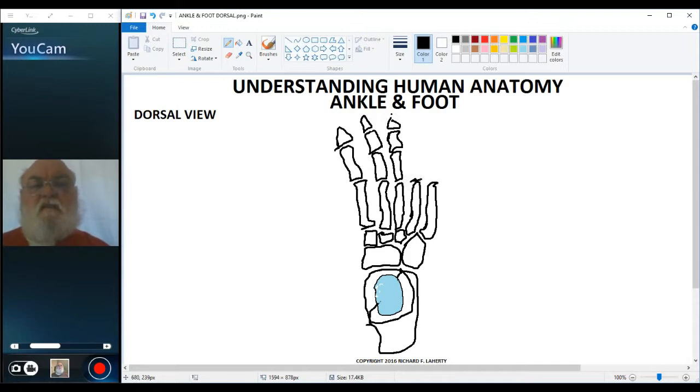And here's digit 4. And finally, the 5th digit, or the little toe.